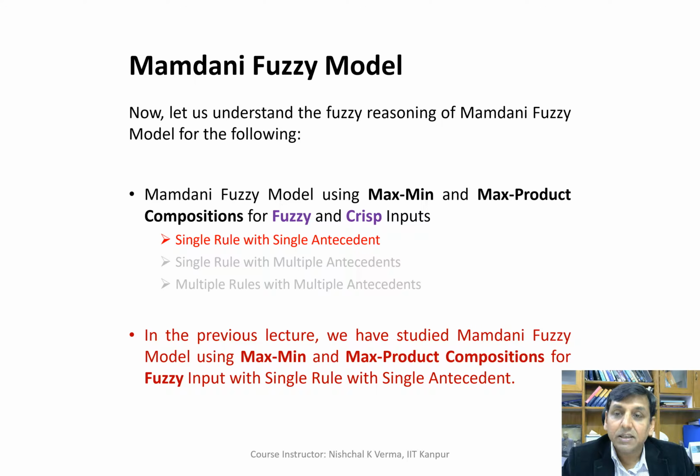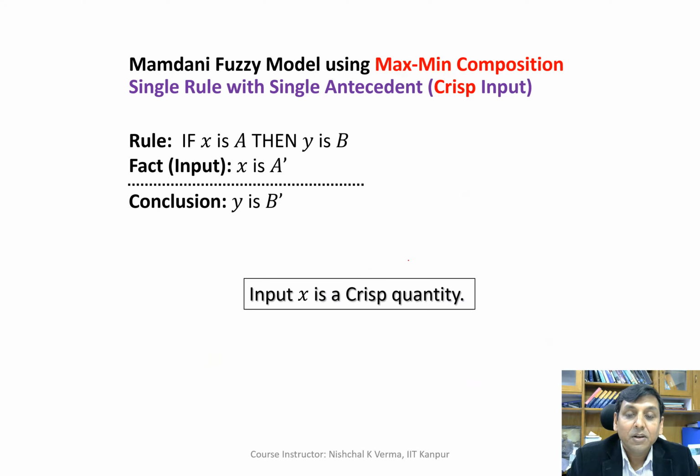We have already discussed the fuzzy input for the Mamdani fuzzy model using max-min and max-product compositions in our previous lecture, with a single rule and single antecedent.